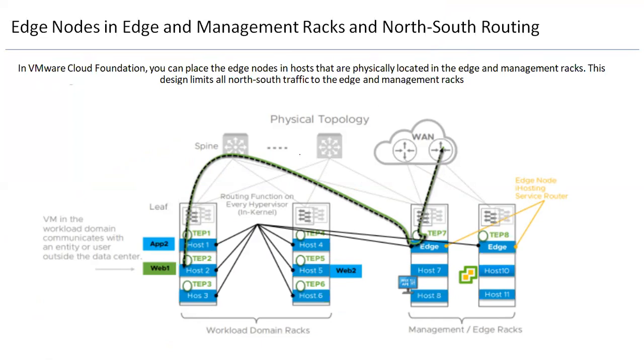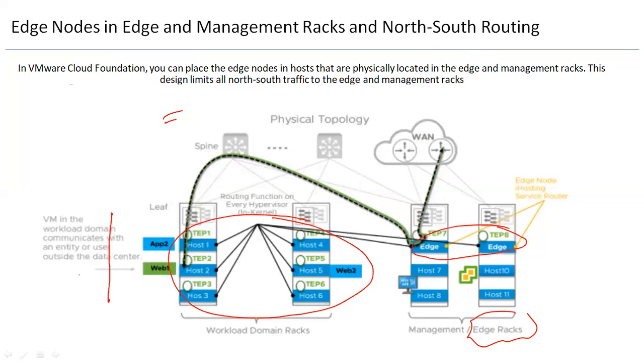Okay, in that case the preferable topology is to keep separate edge racks for all the workload domains. Let us suppose this is my workload domain 1, and I keep the edge nodes here. The same way, I have another workload domain created, maybe in another rack or maybe in the same rack, and for these I create the edge nodes again on top of the ESXi hosts associated with the workload domain.